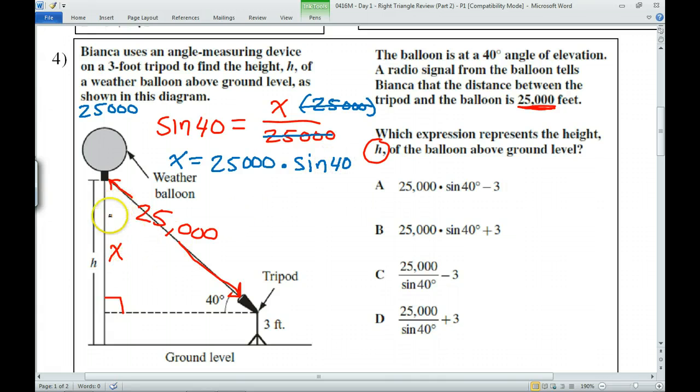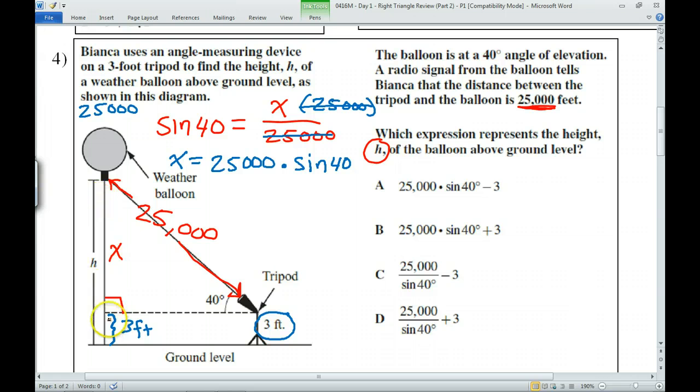Okay? Now remember, we're not trying just to find x. We're trying to find h. Now h is a little bit longer than x. How much longer is it? Well, it's just this little bit longer here at the bottom, and that is 3 feet, the height of the tripod.